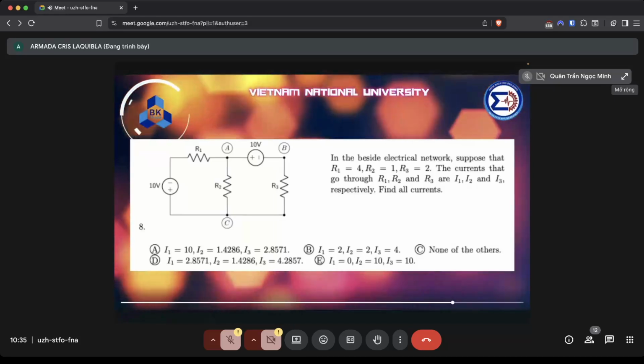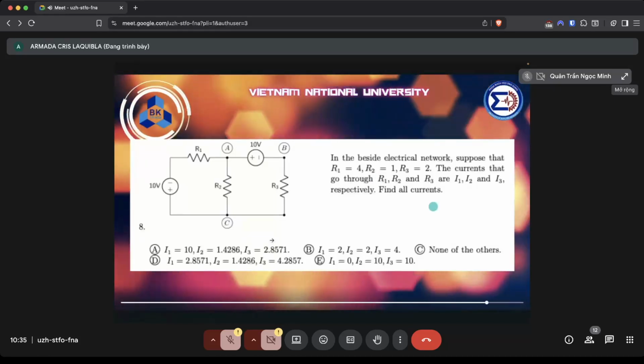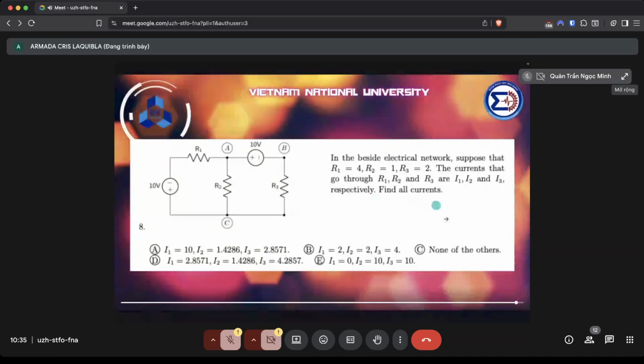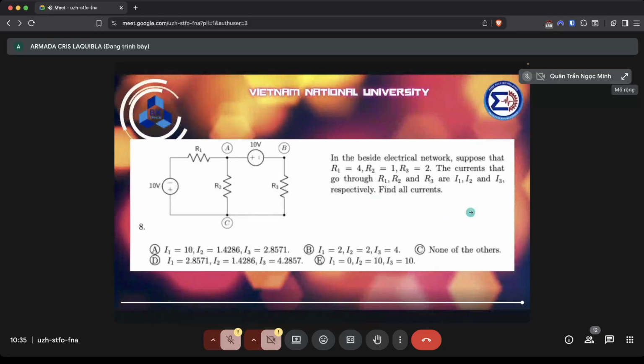But this question now is asking for all the currents. That question in number 6 from your part 1 is only asking for the current I1, because it says what is the current that will go through R1. But now you're going to find I1, I2, and I3.